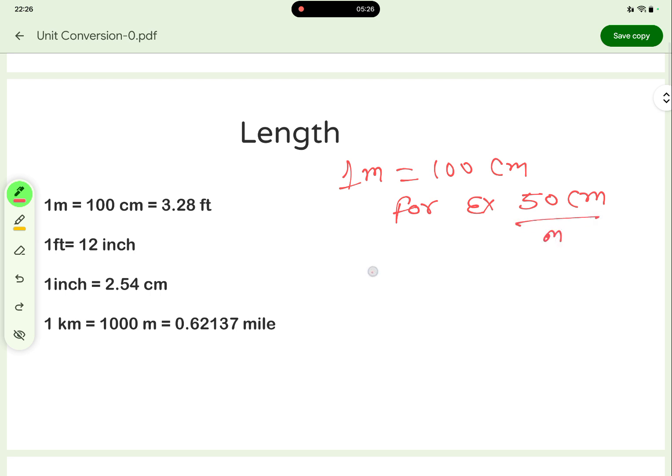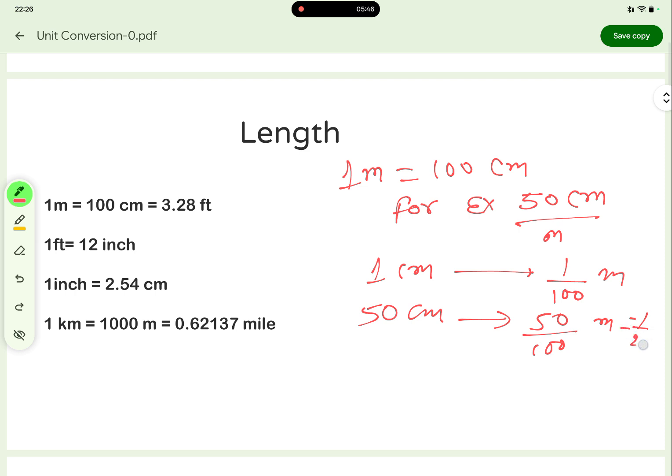So can I write 1 centimeter is equal to 1 by 100 meter, and you have 50 centimeters, so 50 divided by 100, you will get 1 by 2. Simple calculation, right?